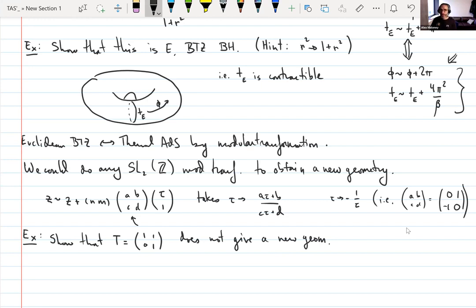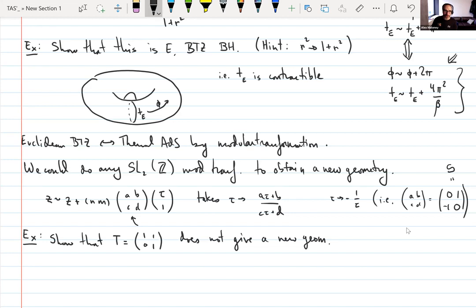So in particular, for those of you who've studied modular transformations before, you may remember that SL2Z is generated by a matrix T that I've written here, and another matrix usually called S that I've written here. SL2Z is an infinite group generated by the S and T matrices. It turns out that only S, so T does not give a new geometry, but S does.